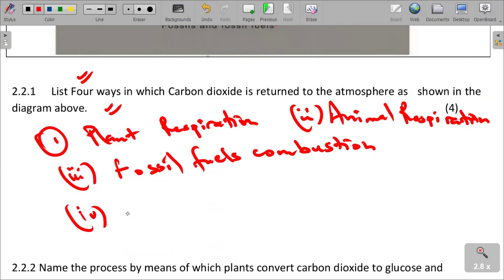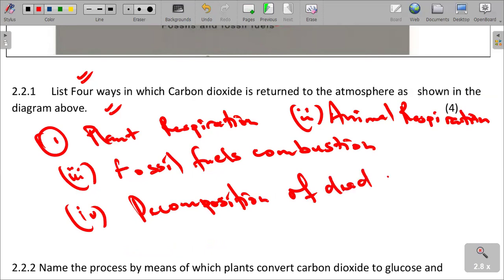And then 4, we can talk about decomposition of dead plants and animals. When plants and animals die, they decompose. Their decomposition is also adding carbon dioxide to the atmosphere.